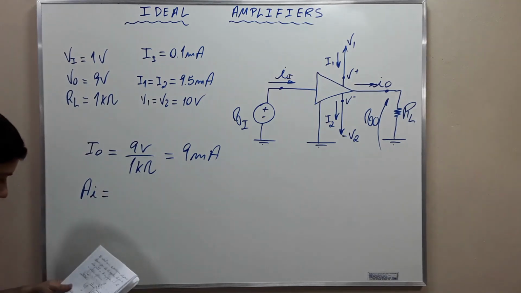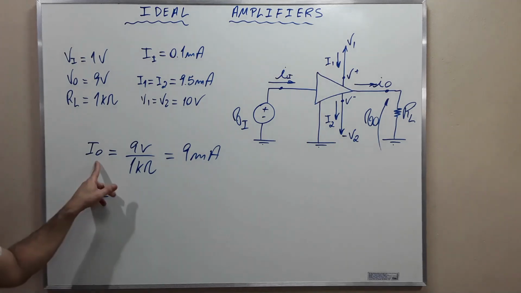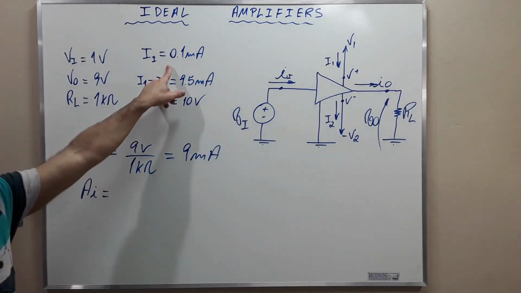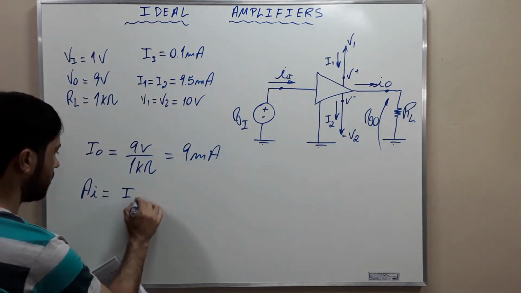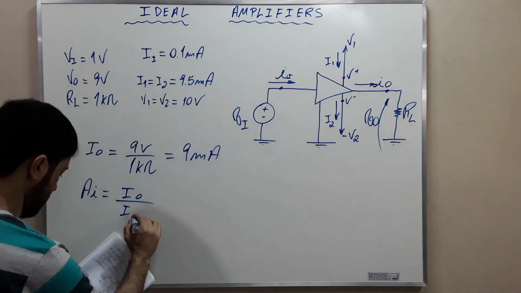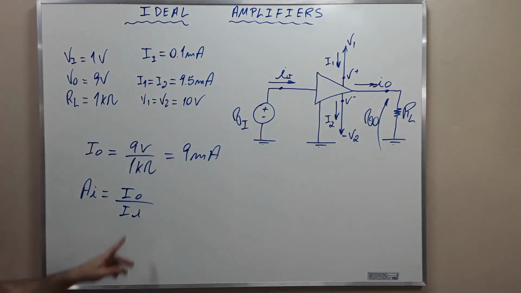The current gain, by definition, is the division between the output current and the input current. Okay?